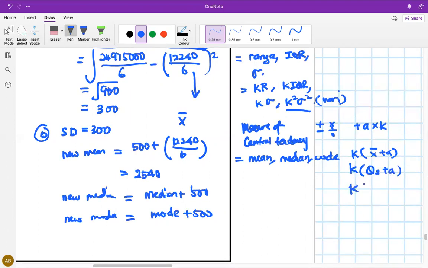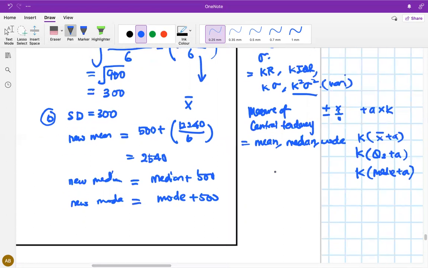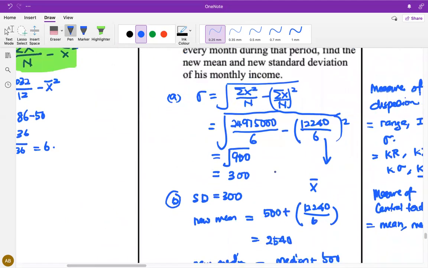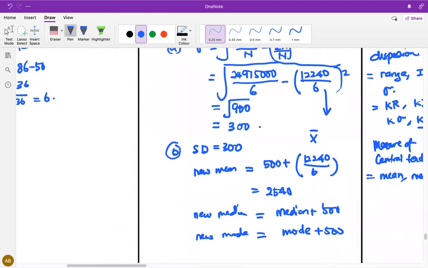For mode, just write mode plus A, or (mode plus A) times K if you multiply by K after that. So you have to read the question carefully. Right, so this is your answer. The mean will definitely increase: you plus 500, the mean also plus 500, but the standard deviation will remain the same, right? If you plus 500, it won't affect it.